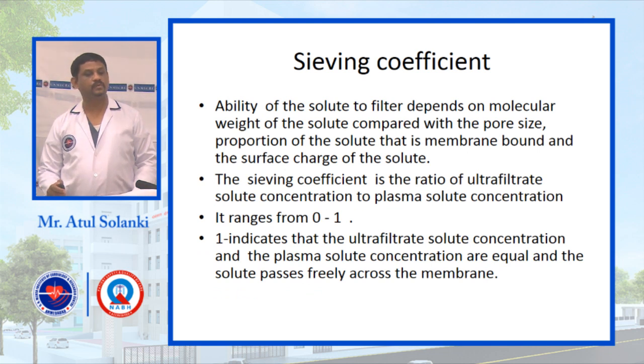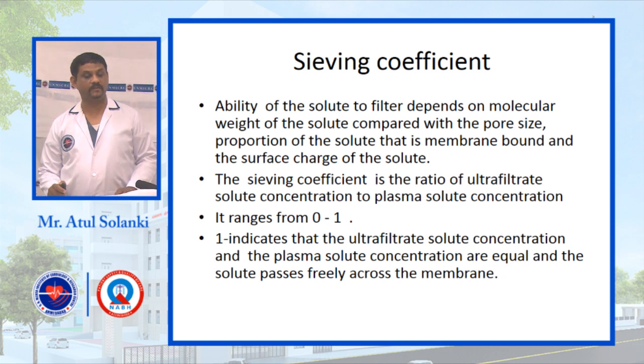This is the sieving coefficient. Zero indicates there is no chance of passage. The ability of a solute to filter depends on the molecular weight of the solute compared with the pore size, the proportion of the solute that is membrane bound, and the surface charge of the solute.